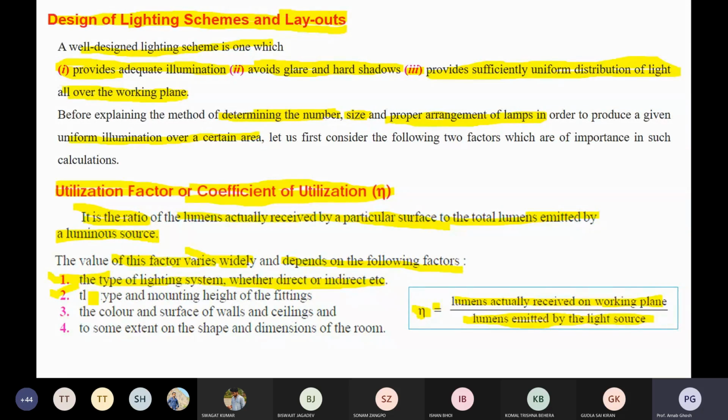Next, in case of garden lighting, it is also mounted, but there is some permanent structure behind that light, installed on the surface of the garden. So how much height is there? That's why it is written the type and the mounting height of the fittings.